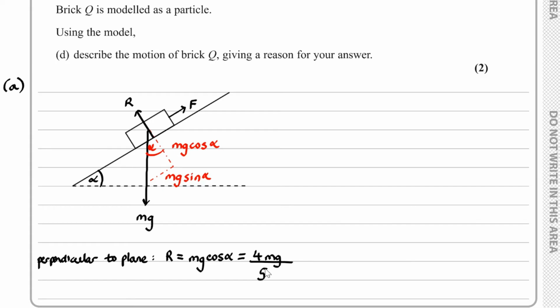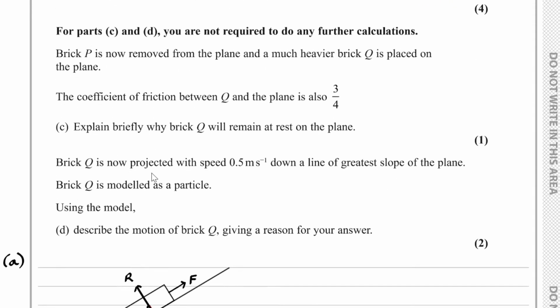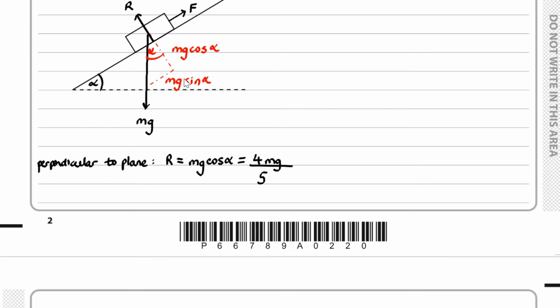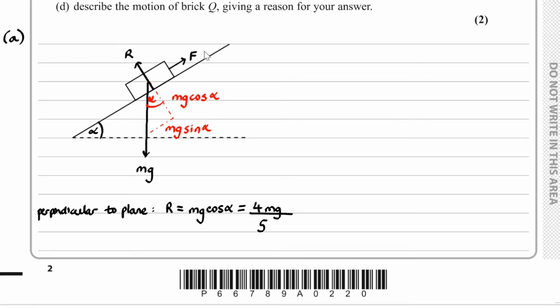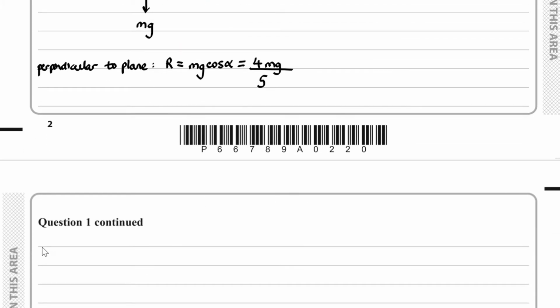Now for part B of the question, we have to show that mu is equal to 3/4. For us to find out what mu is, we first need to find this friction force and recognise that friction is equal to mu times R. The way we can find this friction force is by resolving parallel to the plane.